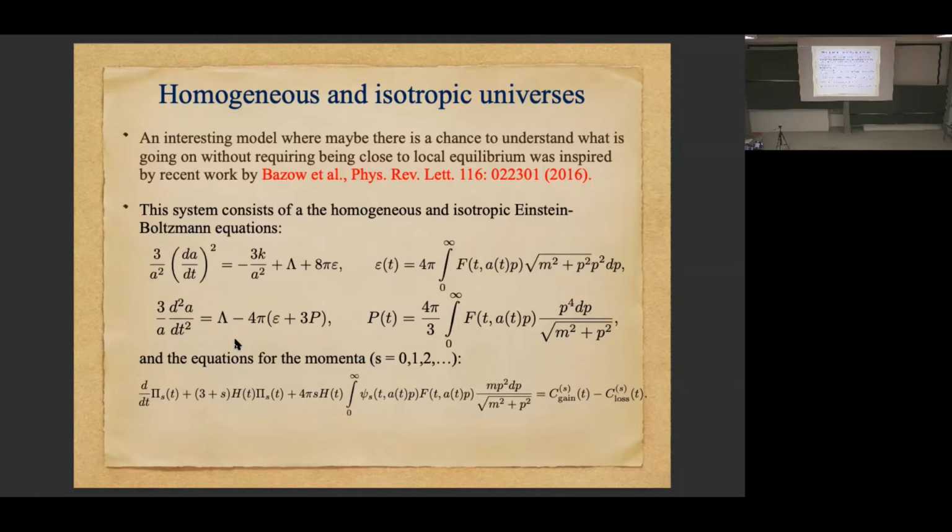Okay, and these are these pi s. I don't want to go into the details, but this is basically the integral over f times psi s, suitably chosen basis functions. Then you can rewrite the Boltzmann equation in terms of these moments, and from the collision term you get two terms.